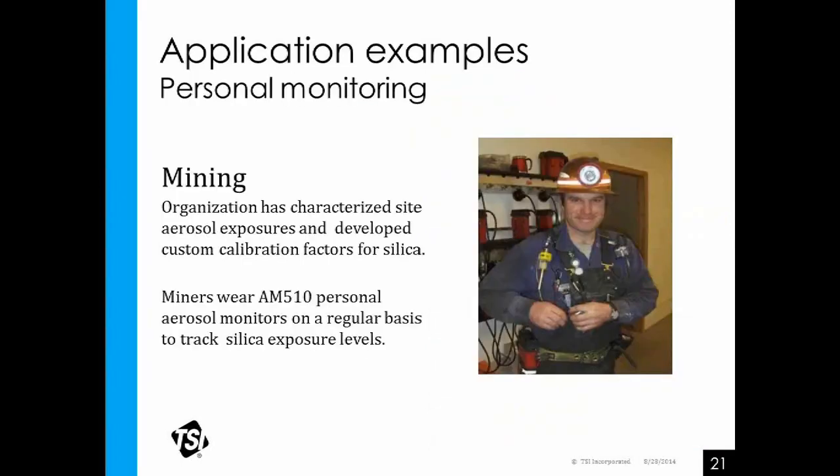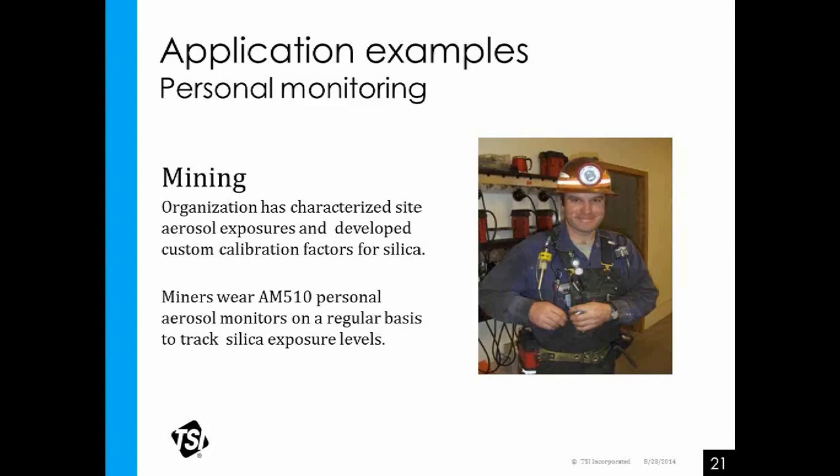A couple of customer examples: we have a customer that has several mines. They're surface mines for aggregate, kind of like a big gravel pit, and they've characterized the silica levels in the rock in the different parts of the country where these mines are. They've used the AM510, and they've done a lot of side-by-side gravimetric samples with the AM510 and the photometer, and they've been able to develop a custom cal factor.